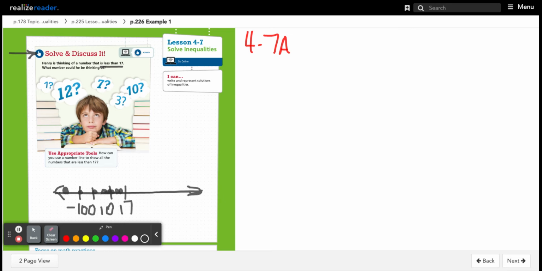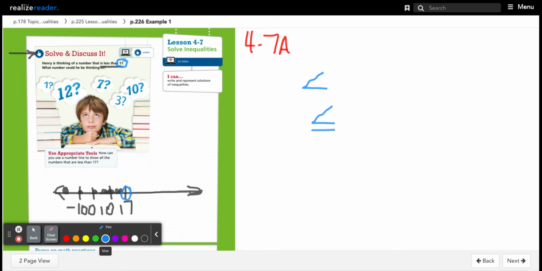So, in order to graph inequalities, we start by finding the number that is in the problem. So let's start by finding that number 17. So at the 17, I'm going to make a circle. So you should be making a circle. Now, I have to decide, is the sign that they're telling us to use less than or less than or equal to?